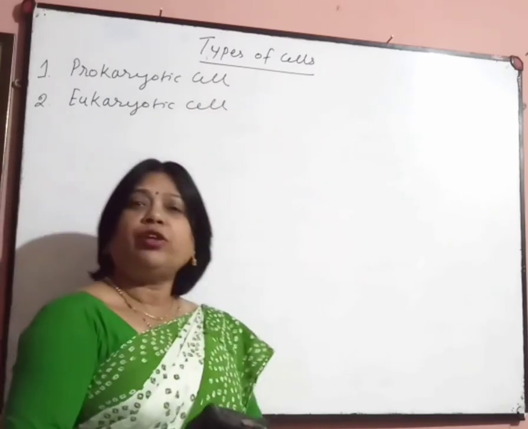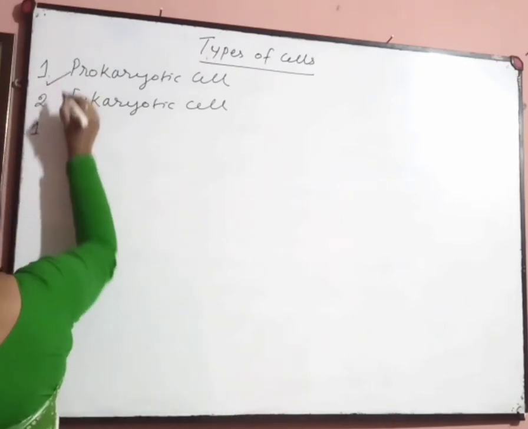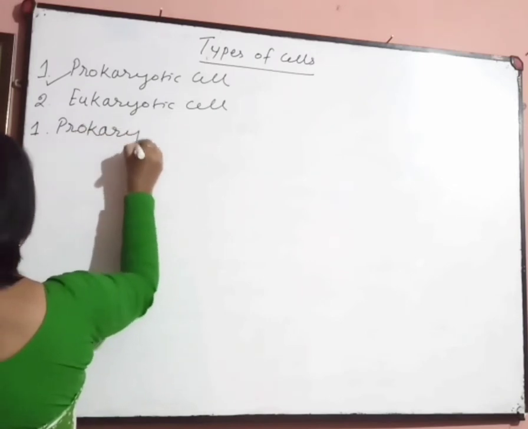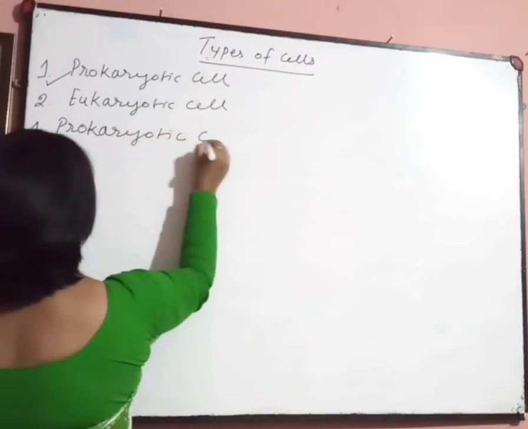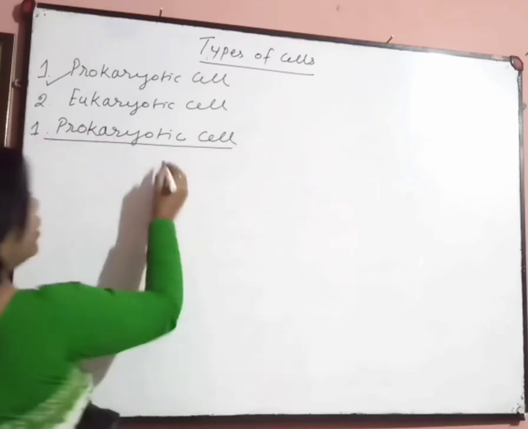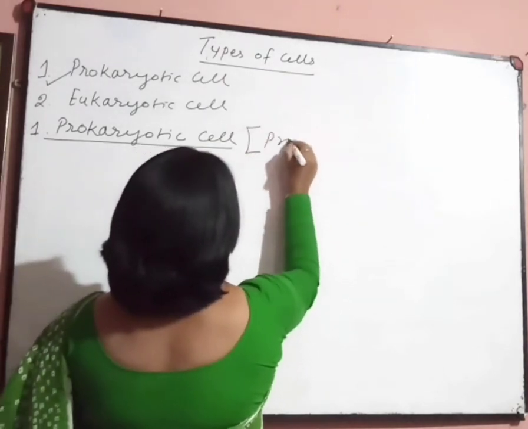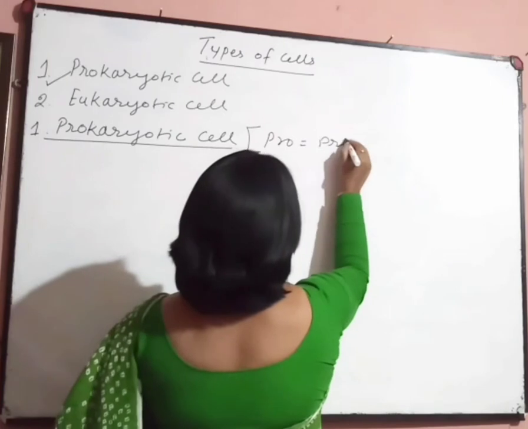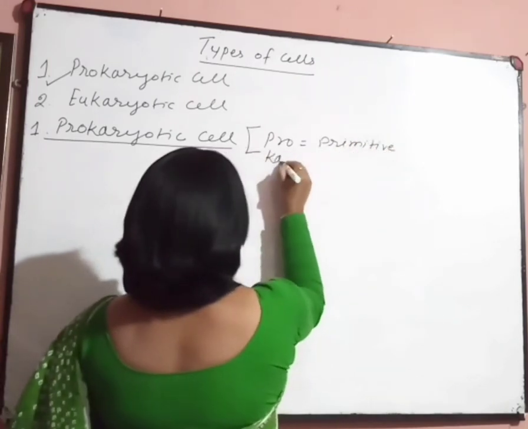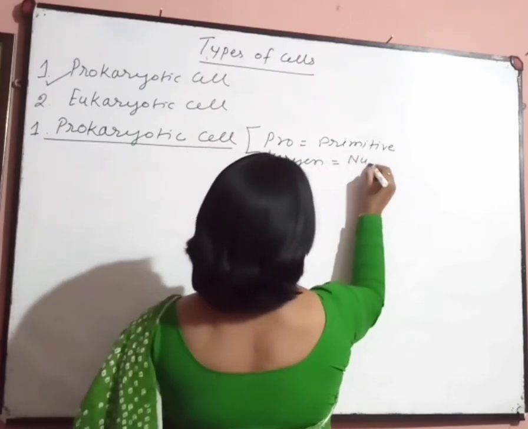Prokaryotic cell and eukaryotic cell. So first of all, prokaryotic. The prokaryotic means pro means primitive and karyon means nucleus.